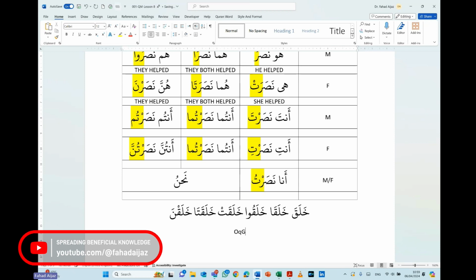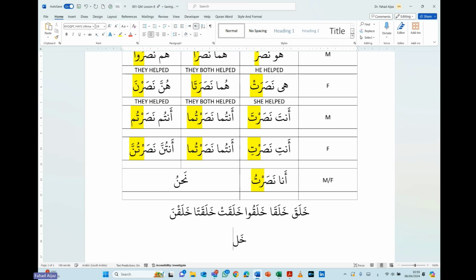Anta khalaqta, antuma khalaqtuma, antum khalaqtum, anti khalaqti, antuma khalaqtuma, antunna khalaqtunna.